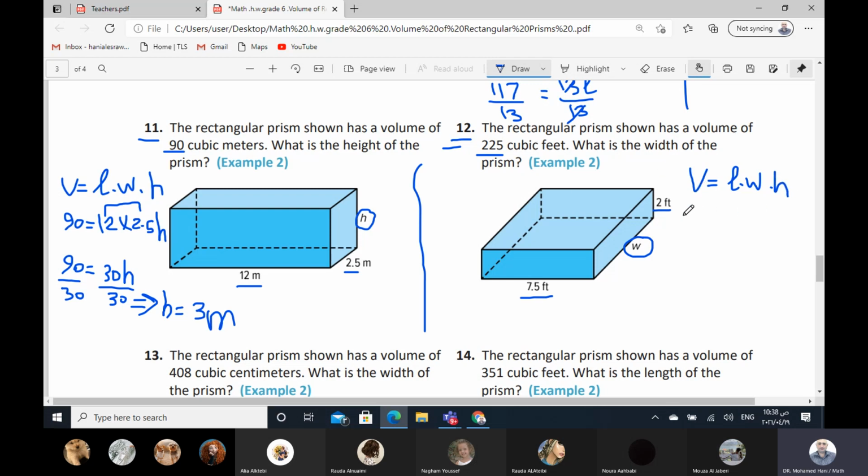We know the volume 225 equals the length 7.5, W missing value, times the height, which will be 2. So the first step, find the product. 7.5 times 2 will be 15W, and the first side here 225.